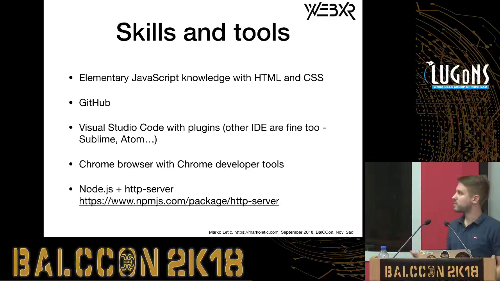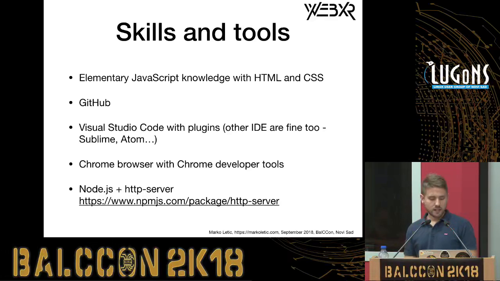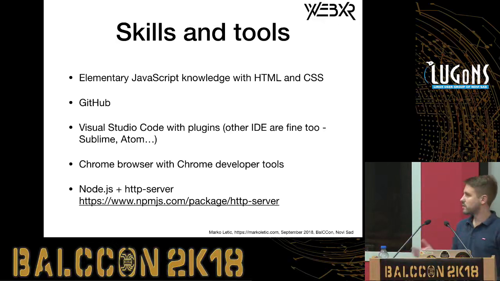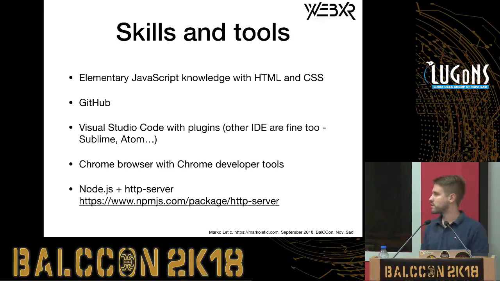The only benefit of Visual Studio Code is that you have these plugins for 3D models. Also, Chrome browser, though you can work in another browser. I'm just demonstrating it here with this browser and its developer tools. You're going to need some sort of HTTP server because we're going to load files. You can use an HTTP server, a Python server, or whatever. So that's it.